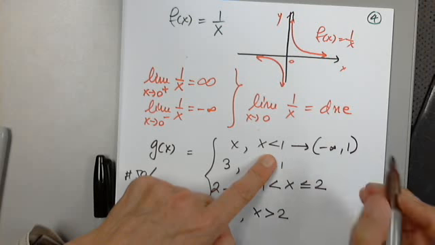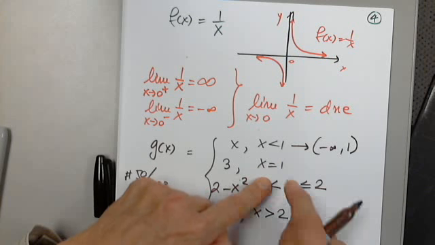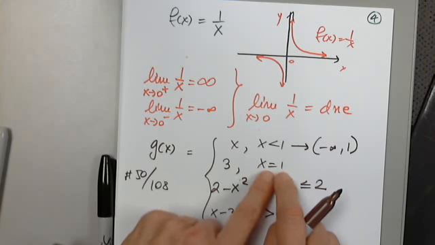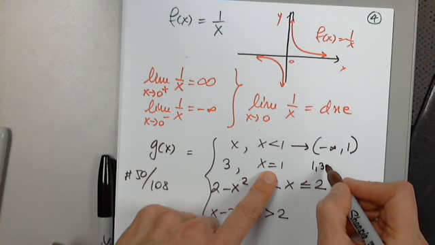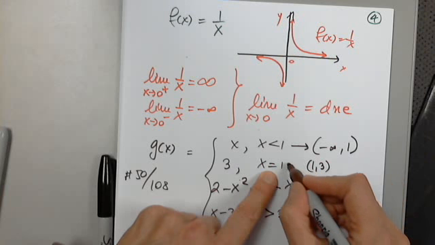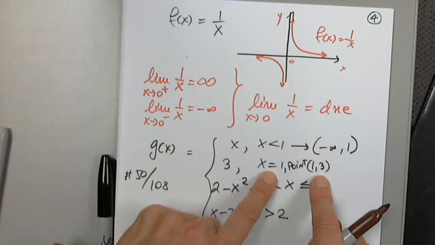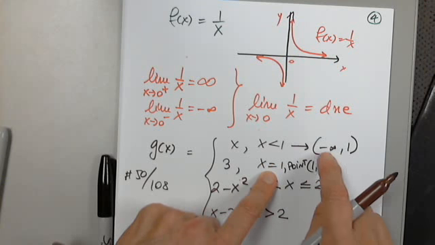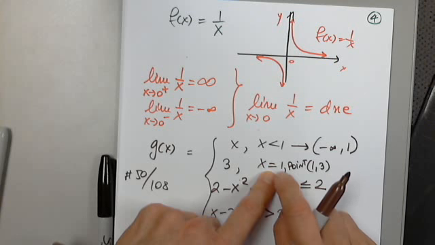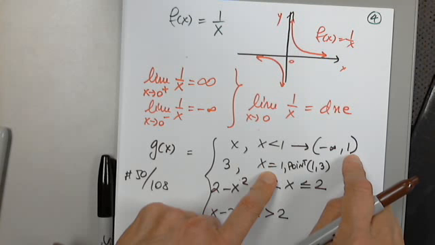Negative infinity to 1 with a parenthesis. This is very clear. This is the point 1 comma 3. Not to be confused with an interval, right? So the function exists between negative infinity and 1, and it also exists at 1.